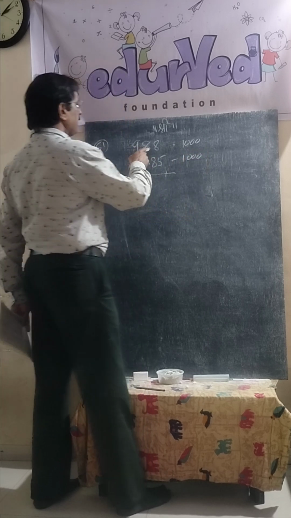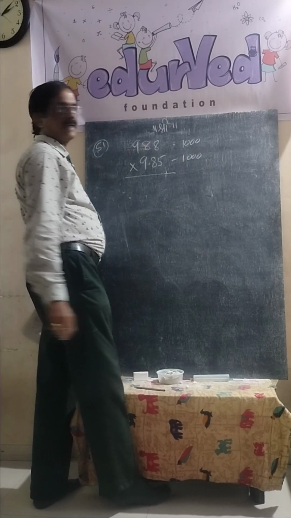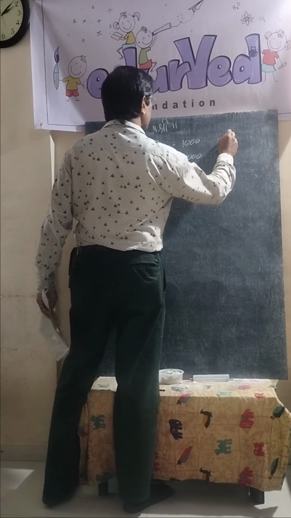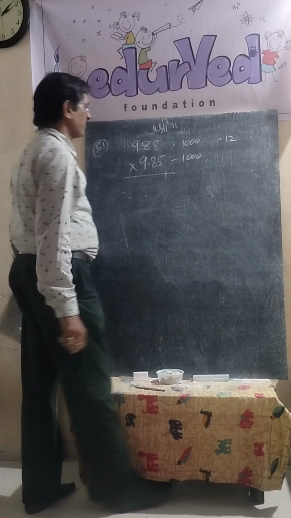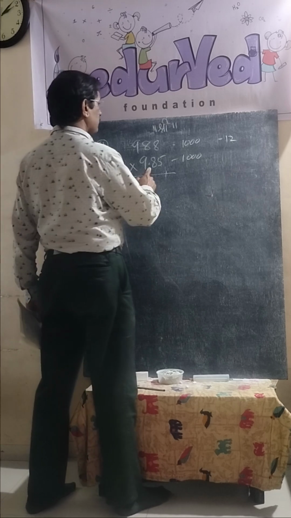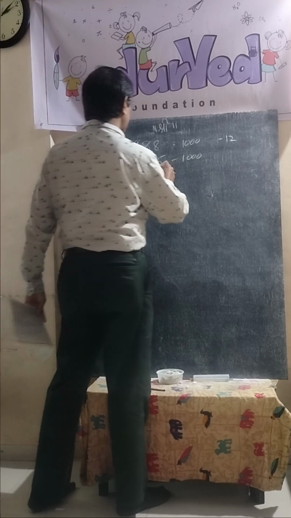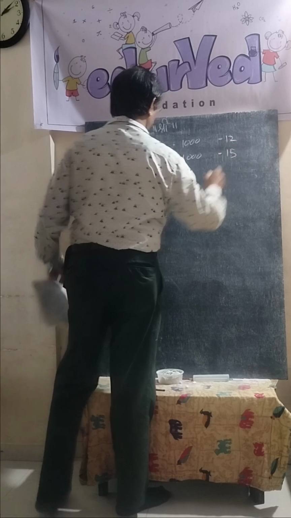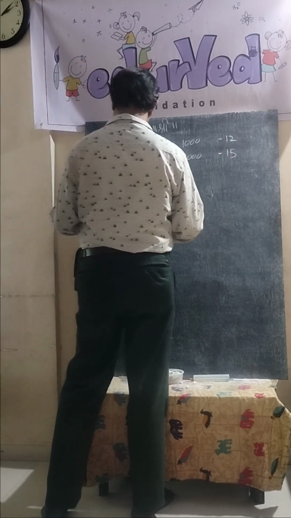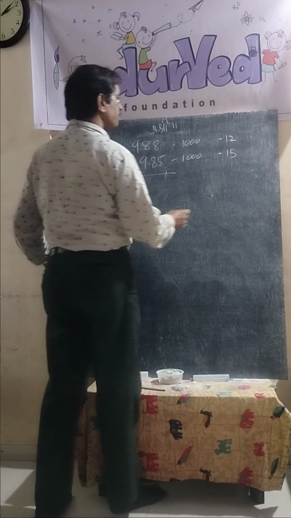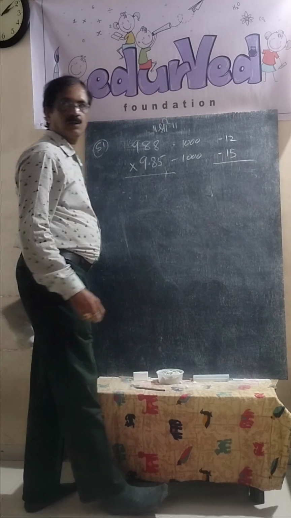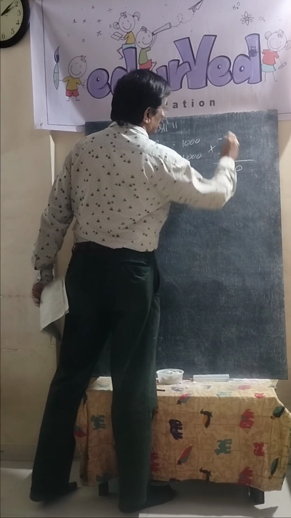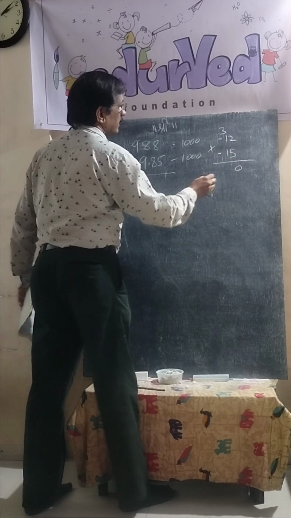So 988 minus 1000 will be minus 12, and 985 minus 1000 will be minus 15. So multiplication of 12 and 15.